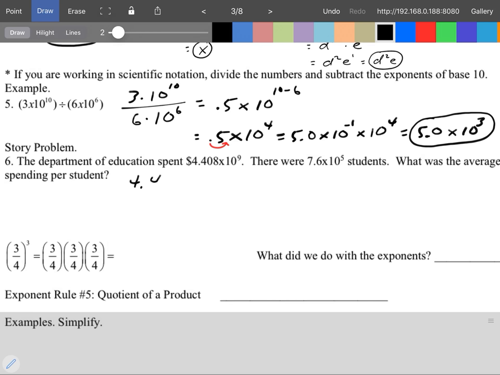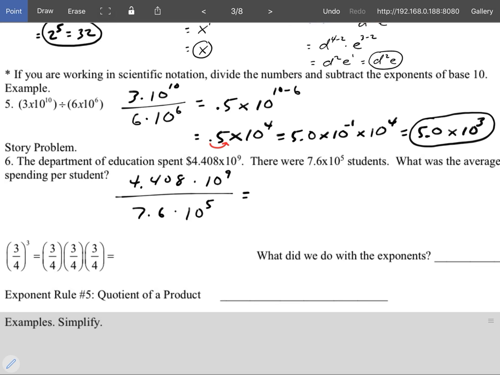So we're going to do 4.408 times 10 to the ninth divided by 7.6 times 10 to the fifth.